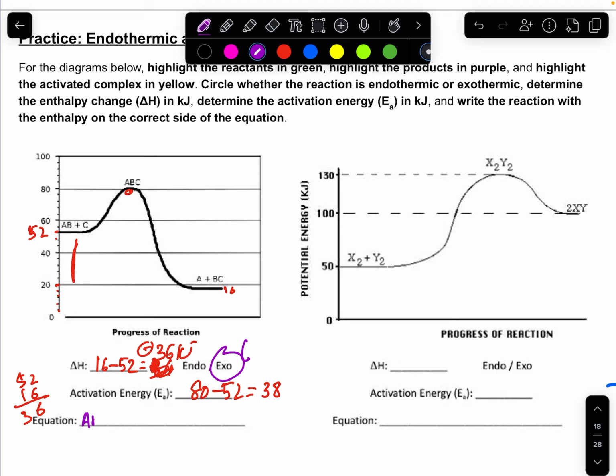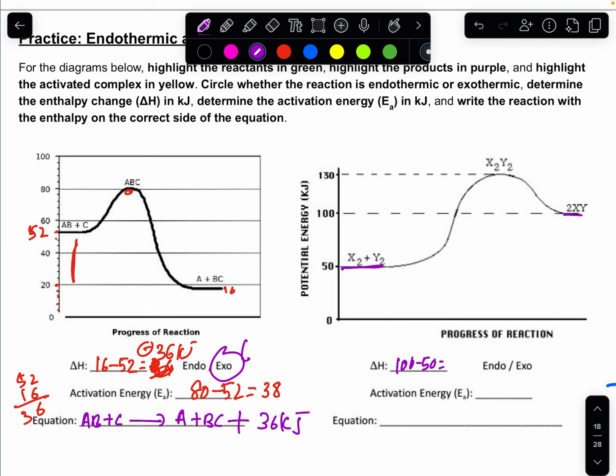So you are going to write AB plus C producing A plus BC, and since it is negative, you have to put that on the right hand side. Now the second one: there is 50 kilojoule and this one is 100 kilojoule.